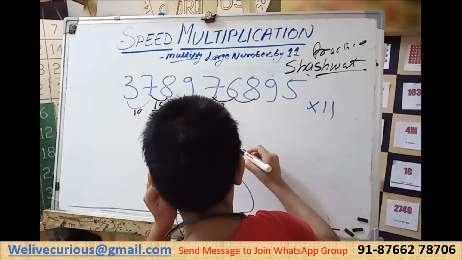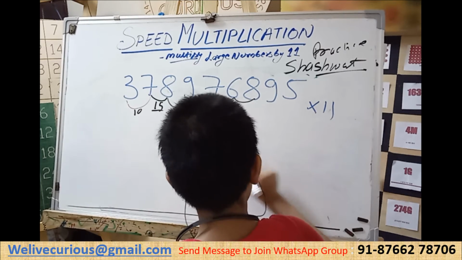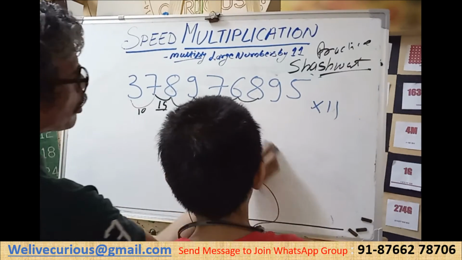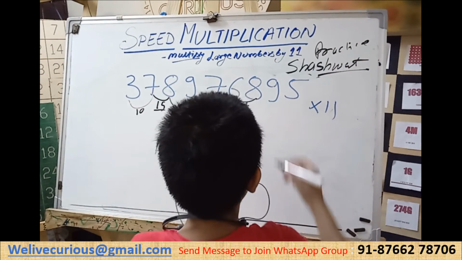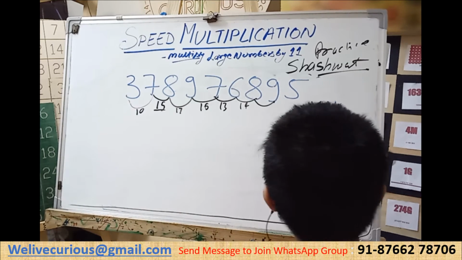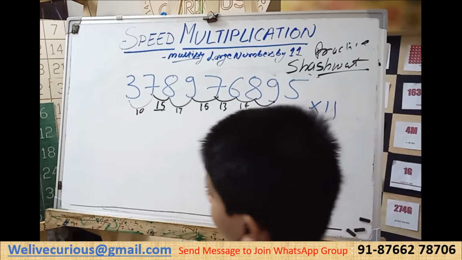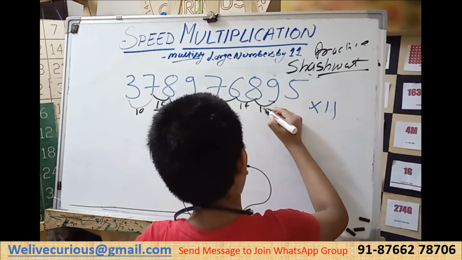Yes, I'll turn 8 into 10. So it comes 10 plus 4, 14. Simple as that. Now I will turn 9 into 10. Borrow 1 from 8 so it becomes 7 and then 10, 17. Exactly, correct answer.